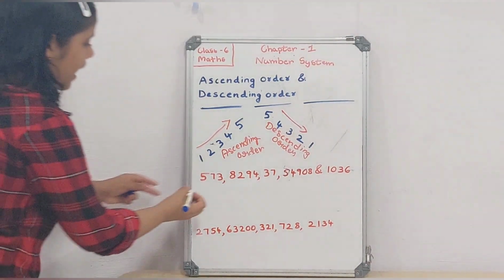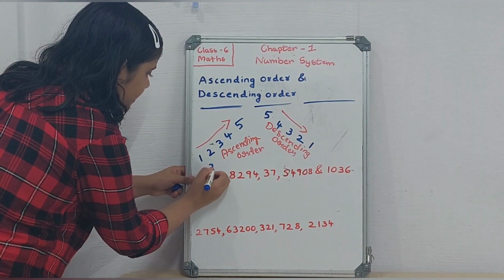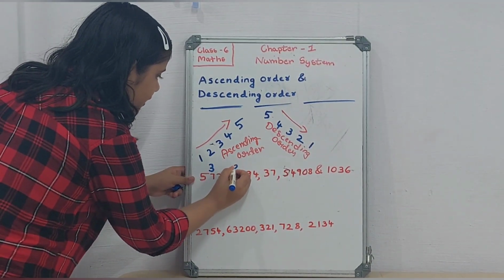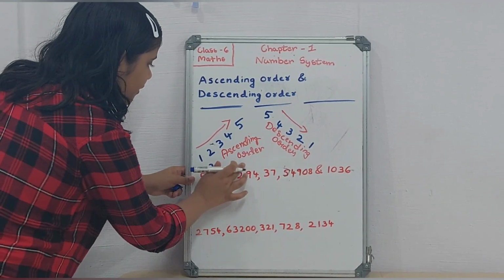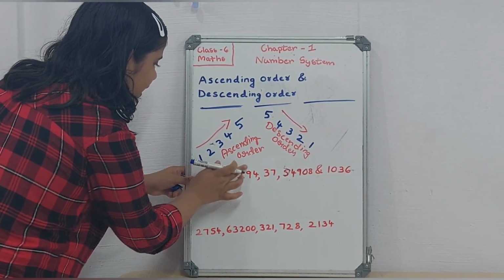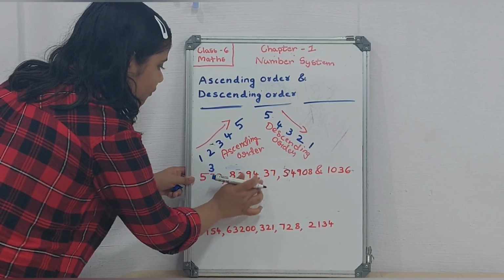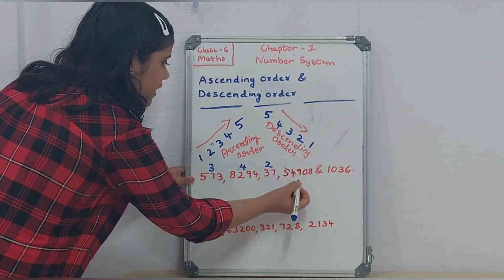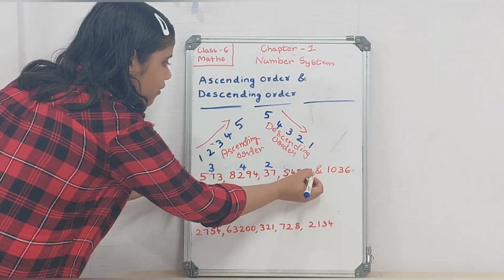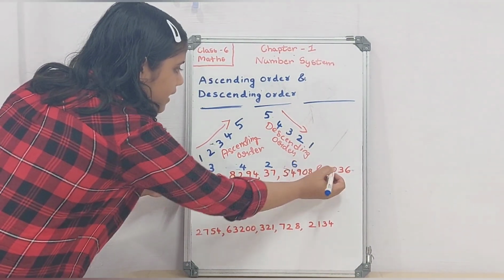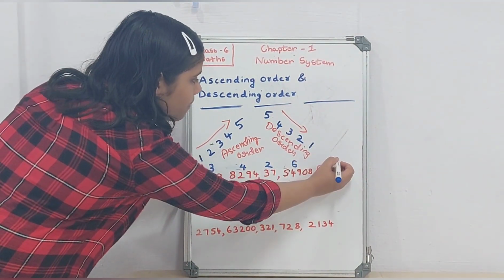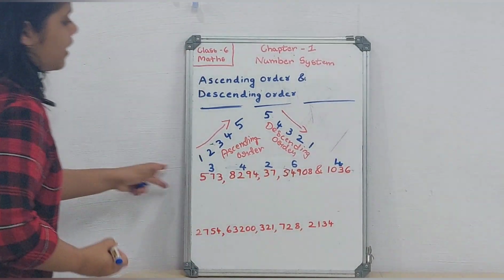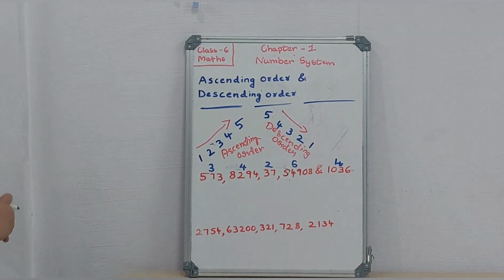Okay, here we have how many digits? 3 digits. Here we have 4 digits, 1, 2, 3, 4. Here we have 2 digits. Here we have 5 digits, 1, 2, 3, 4, 5. Here we have 4 digits.